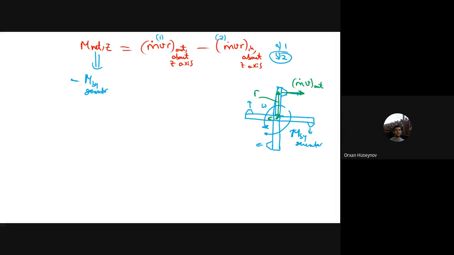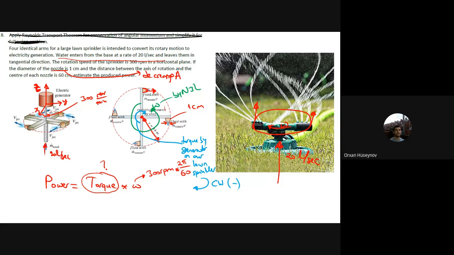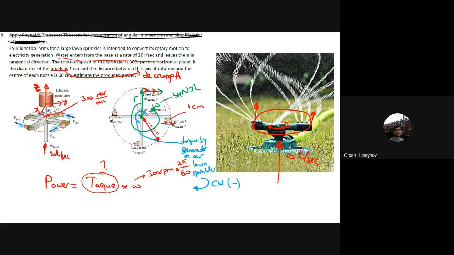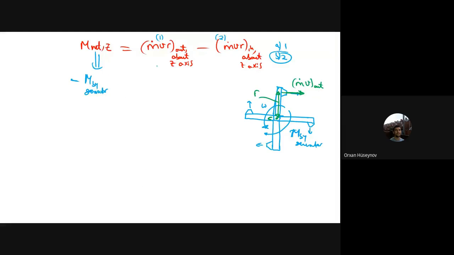Therefore, the out fluid creates a moment with respect to this point, and that moment arm will be r. So this one is not 0.